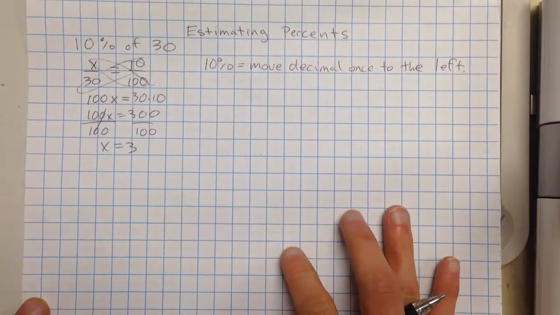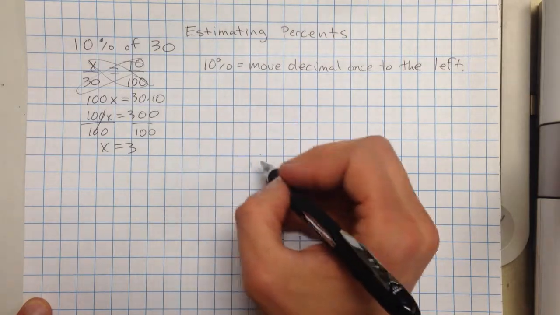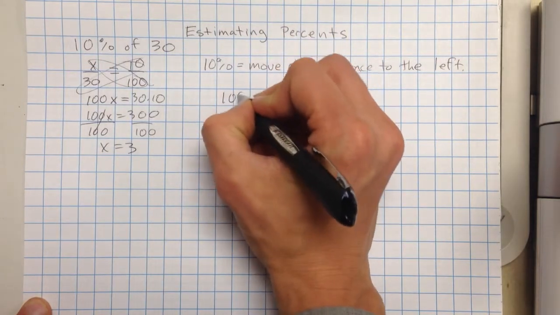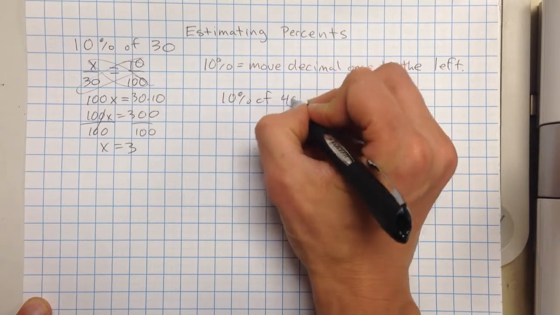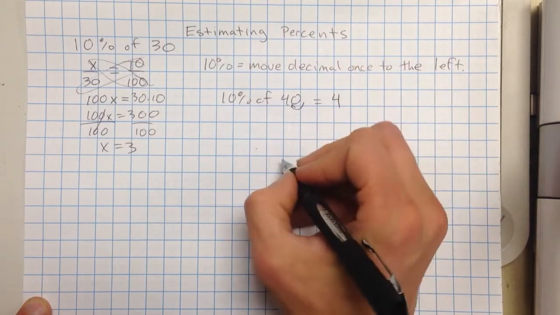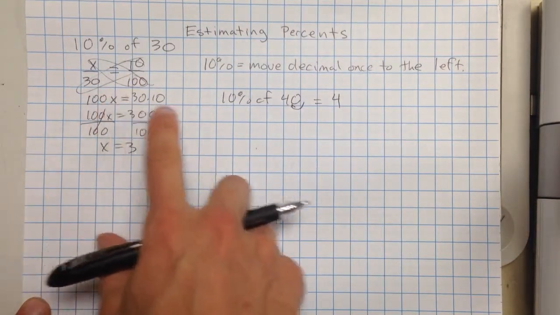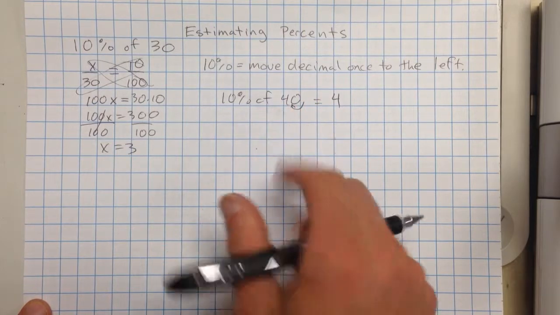Okay, so we can find 10% of a couple different things right here. So let's say we had to find 10% of 40. Move the decimal point one place over, that's going to give us 4. Okay, we could do all this proportions and stuff, or we could just remember that you're just going to have to move it once to the left.